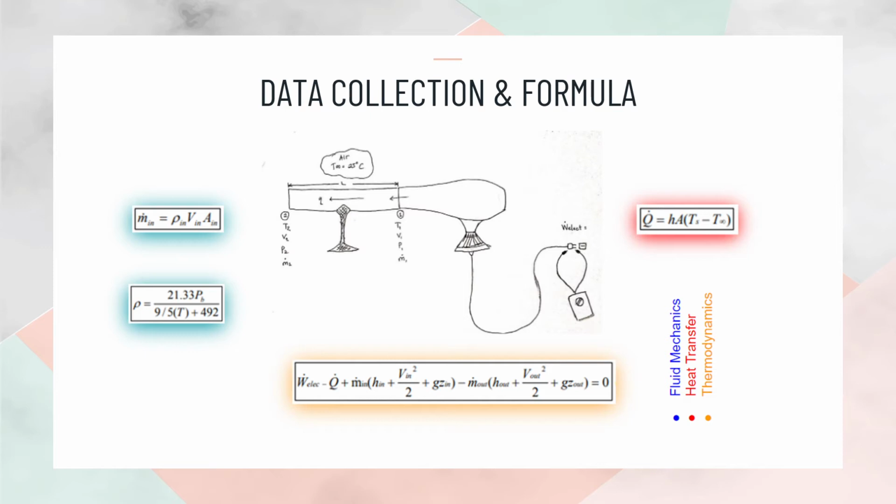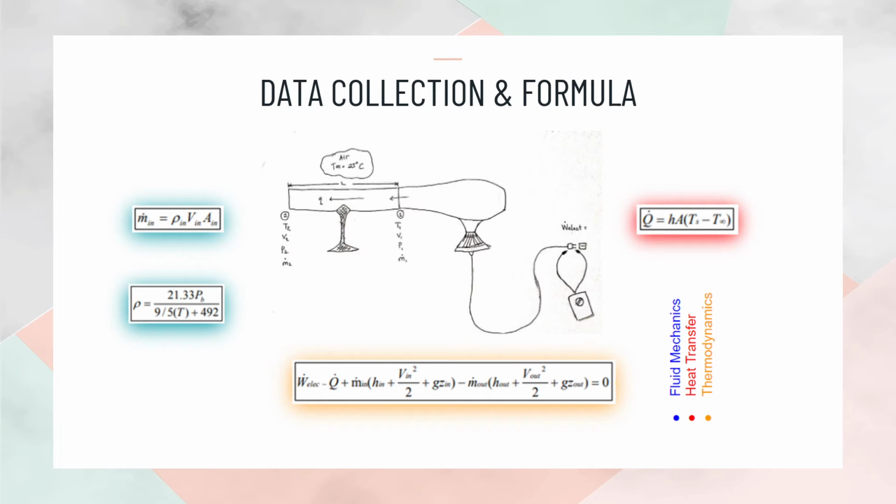In this experiment, we are utilizing the formula m dot equals rho times v times a, in which rho can be obtained from the formula below, 21.33 times p over 9.5 times t plus 492.